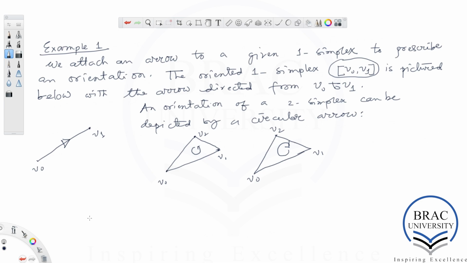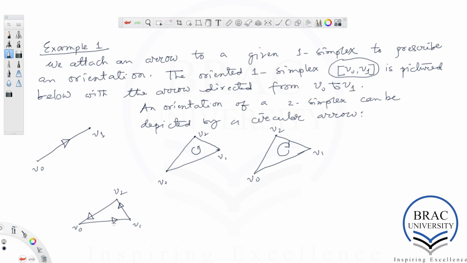So for example, we can have a picture like this, v0, v1, v2. It is the picture of an oriented one simplex, because no circular arrow is present here.